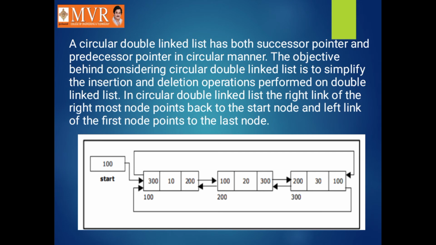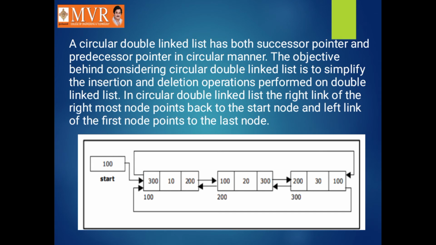Okay, here start contains 100, that is the header node contains the address of the first node in the linked list, and we start at 100. From there, by taking the R link, we move in the next direction, from front to end. That is, there the address is 200, so we move there.